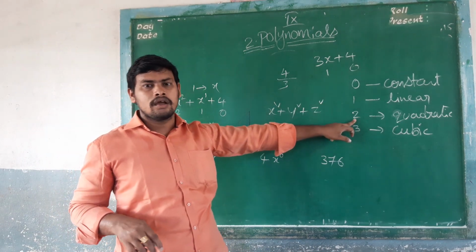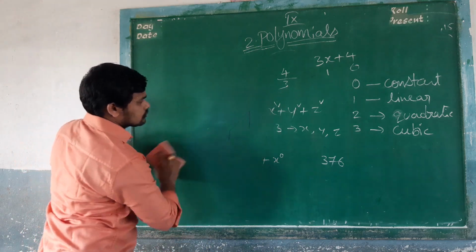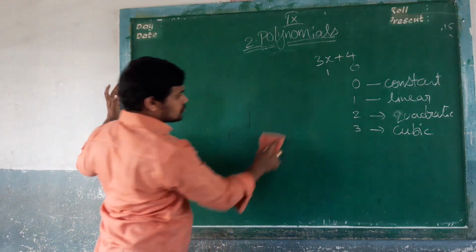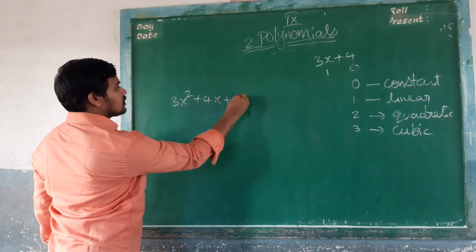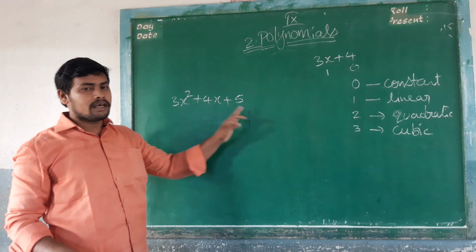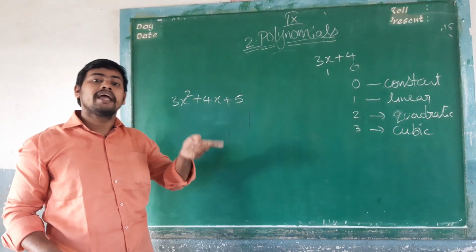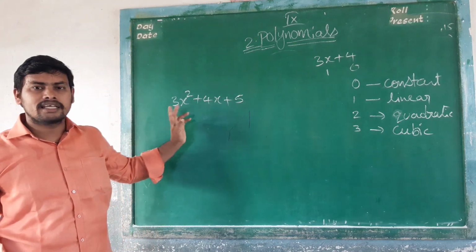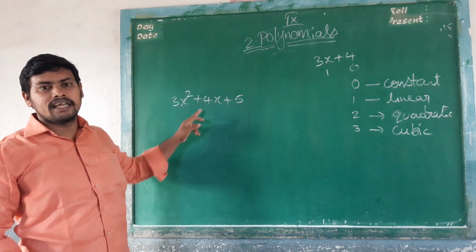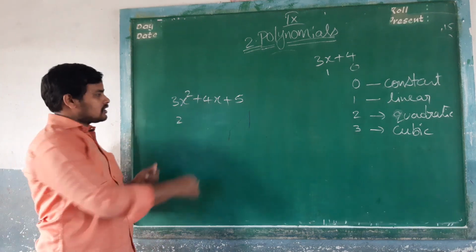Suppose 3x square plus 4x plus 5. Here it is the linear equation in one variable. That variable is x. Only the one variable appears here. So what is the degree here? The degree of this term is 2. The degree of this term is 1.